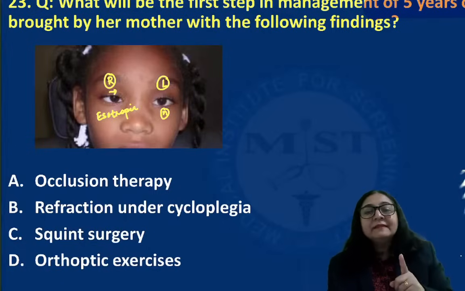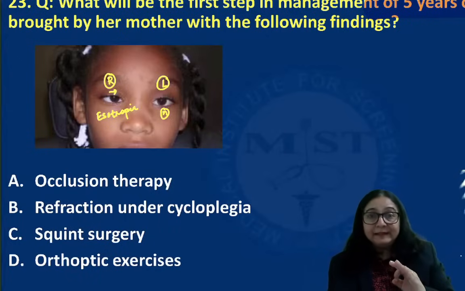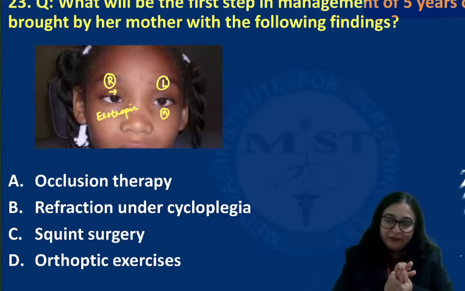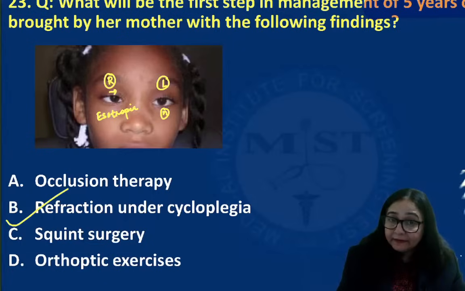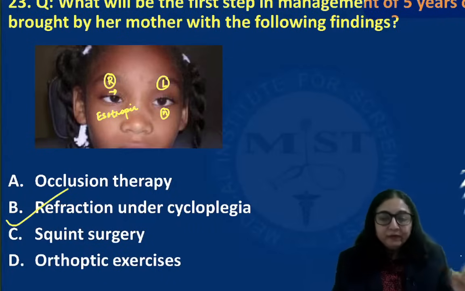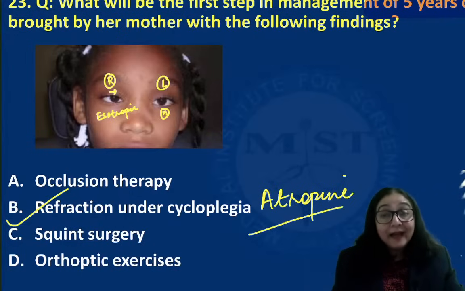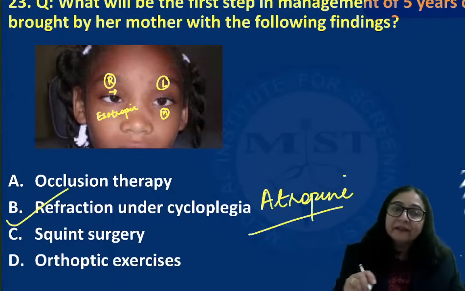So the first step for a squint in a child is to do refraction under cycloplegia, beta. Okay, so B is the right answer. You will do refraction using atropine. Atropine is the cycloplegic of choice when there is squint in the eye, because first of all you want to know what the refractive error is.